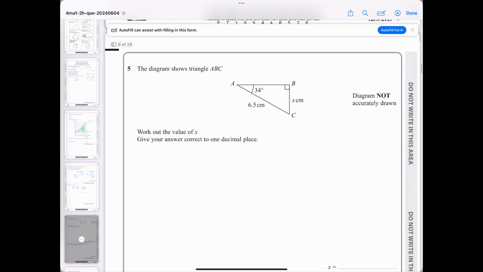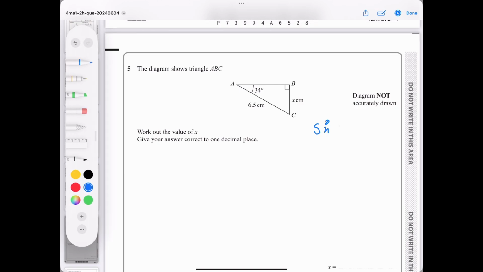This shows a diagram, work out the value of x. So this is just SOHCAHTOA. Let's mark up the sides. This is H, that's opposite, that's A. We're using O and H, so it's sine. It always seems to be sine, so sine of 34 equals opposite, which is x over 6.5.